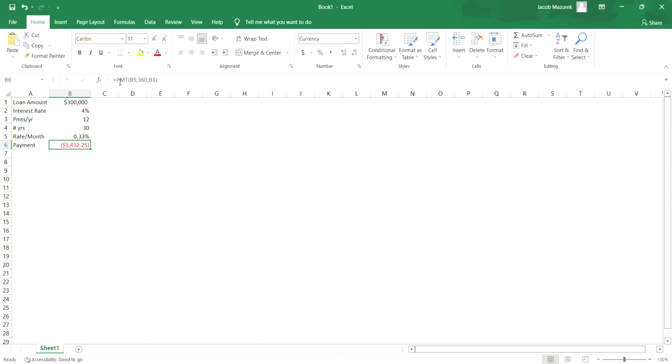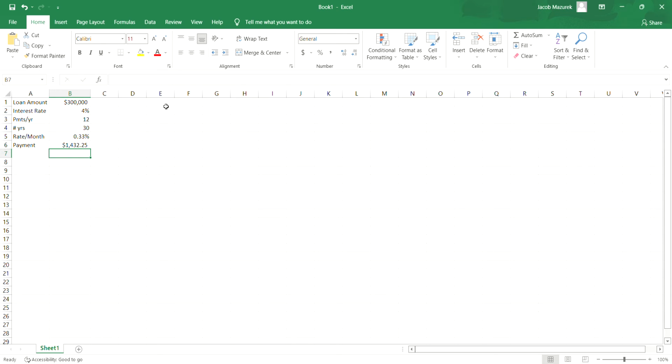So we're going to click on that formula again, and put right here between the equal sign and the payment sign a minus sign. That will make it look positive. So this is how much the payment will be at 4% interest per year for a 30-year loan on a $300,000 loan.